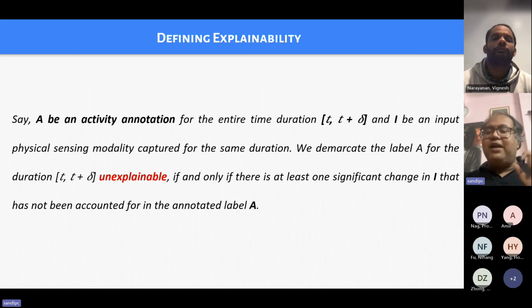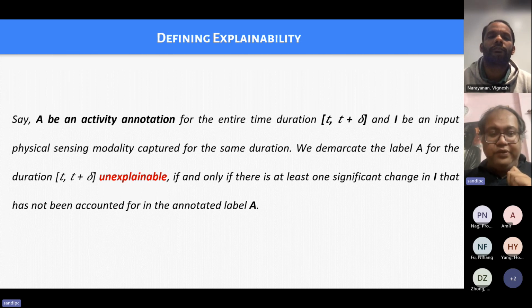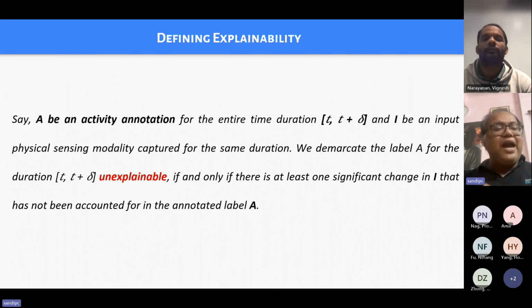This is the formal definition of explainability that we have used. Let A be an activity annotation for a duration t to t plus delta, and I be the input physical sensing modality captured for the same duration.